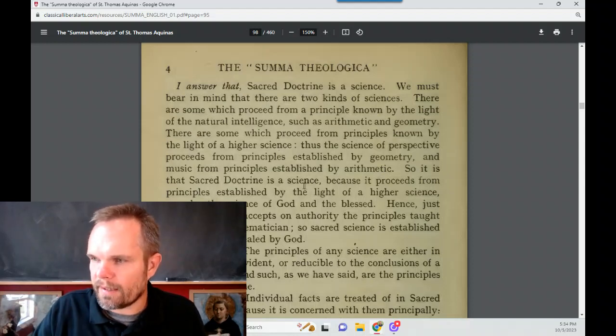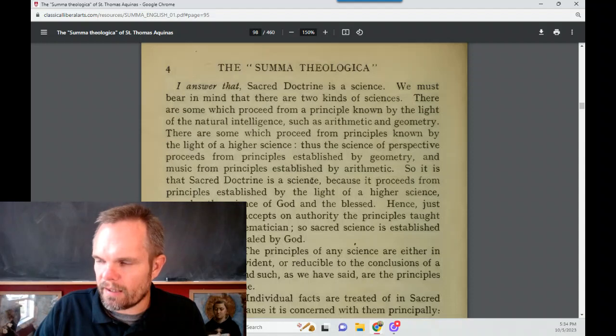So it is that sacred doctrine is a science because it proceeds from principles established by the light of a higher science, namely the science of God and the blessed. Hence, just as the musician accepts on authority the principles taught him by the mathematician, so sacred science is established on principles revealed by God.